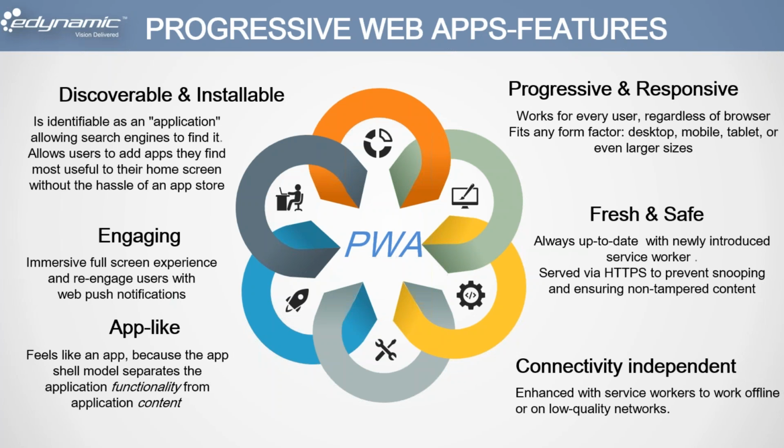When we talk about app like, most of the organizations generally have their responsive web. That is, you have a website that is responsive enough to adjust itself on mobile devices.